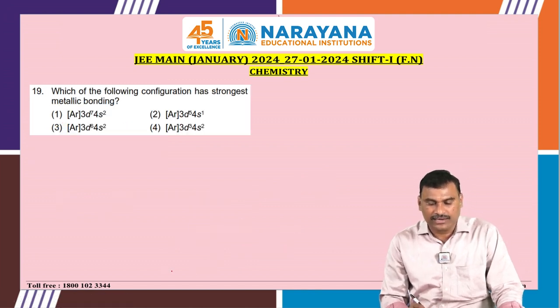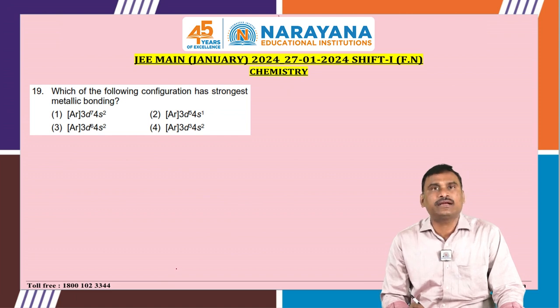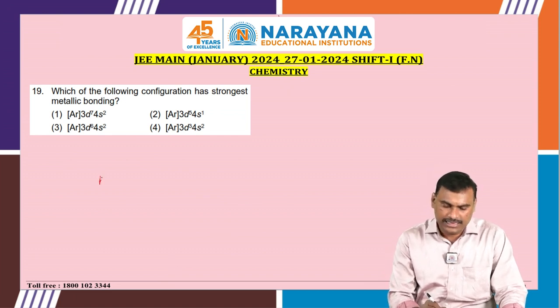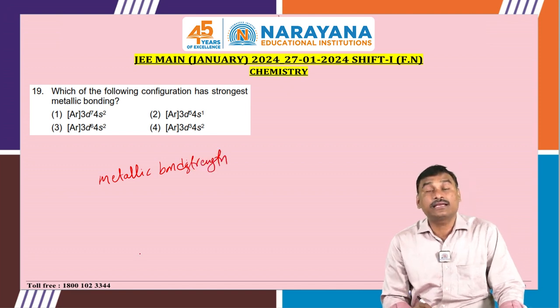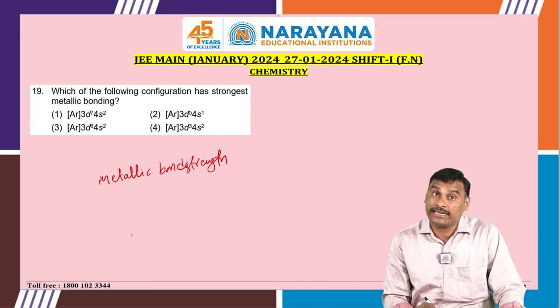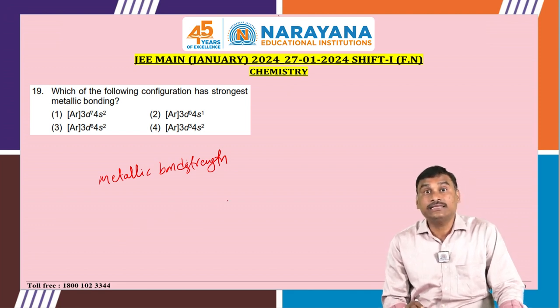Which of the following configurations has the strongest metallic bond? Generally, metallic bond strength depends on metallic nature, the tendency to lose electrons.